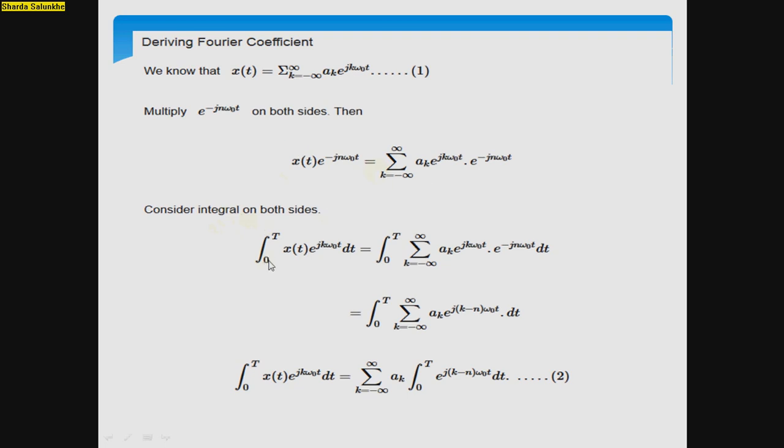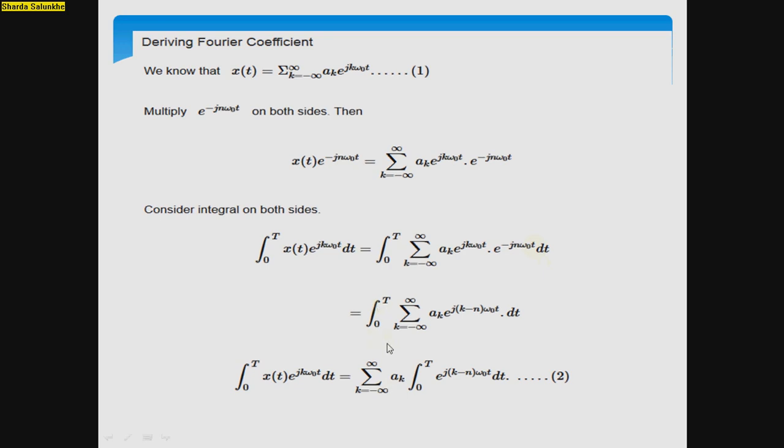Integrate both sides over the period 0 to T. So the integration from 0 to T of x of t e raised to minus j n omega 0 t dt equals the integration from 0 to T of summation minus infinity to infinity a k e raised to j k omega 0 t into e raised to minus j n omega 0 t dt.